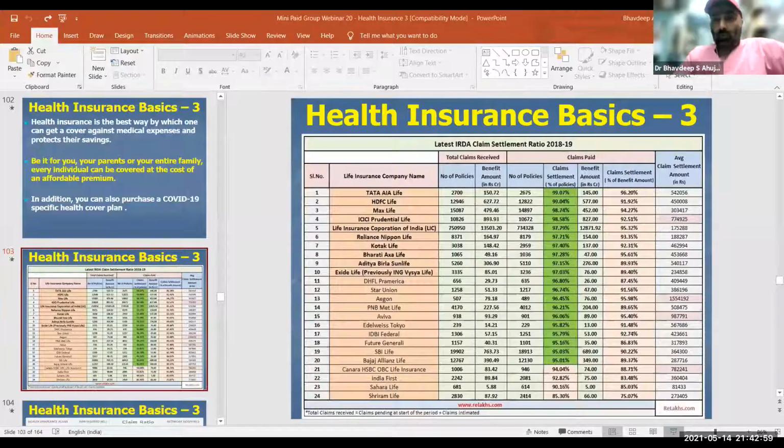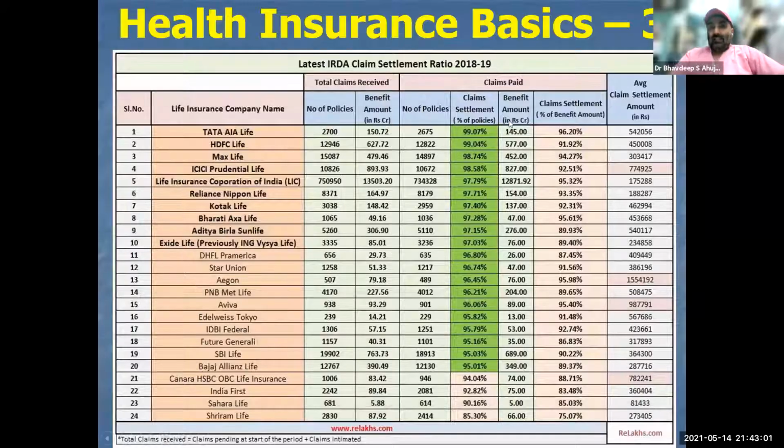So if you look at this chart now, it is actually divided into two parts. Number one is claims received and claims paid, number of policies. Claim settlement on the basis of number of policies is 99%. I told you Tata AIA is at number one in this. And then there is the benefit amount.